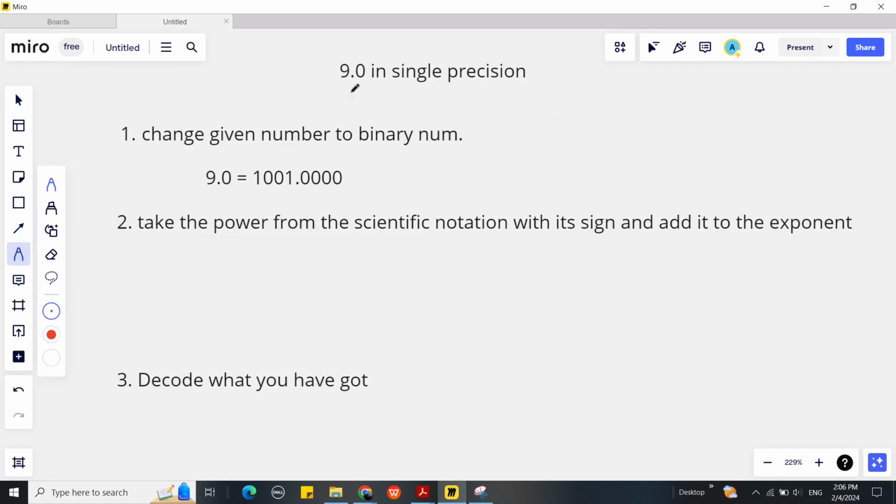Now it asks me to change this floating number, 9.0, to single precision. Normally we take the decimal number and change it into hex, and from hex we change to binary.